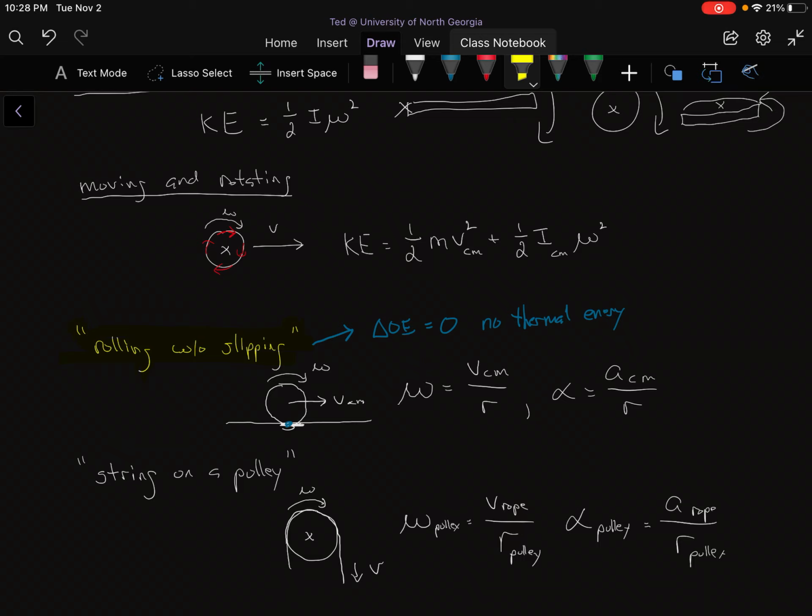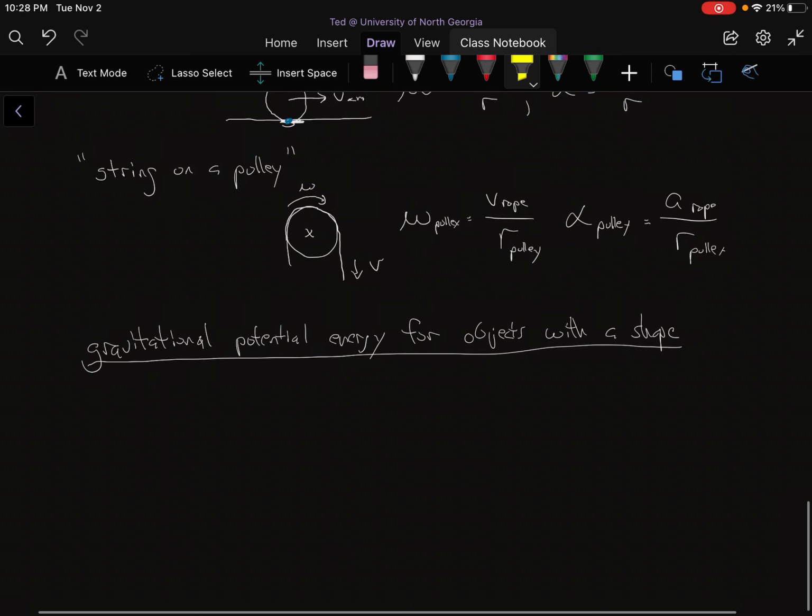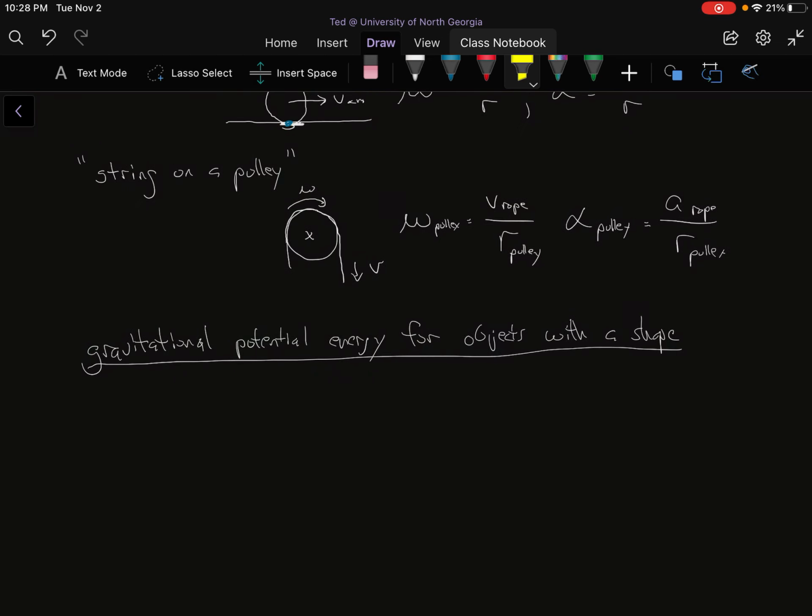Okay, I did have one more thing I wanted to say about energy problems, and that is, if we have a problem where we have an object, let's say we've got a ball, and we've got a hinge on this ball that's down at the bottom. And of course, if it's balanced perfectly, it could stay there.